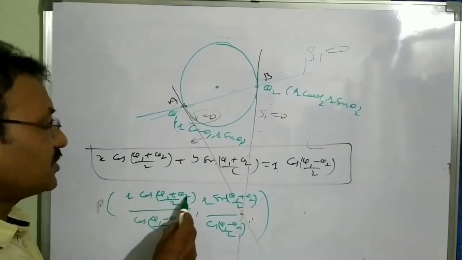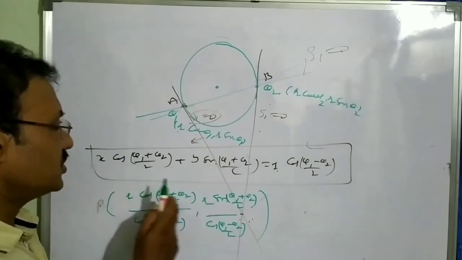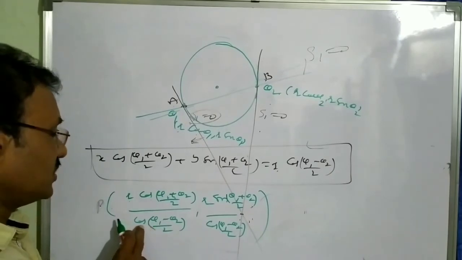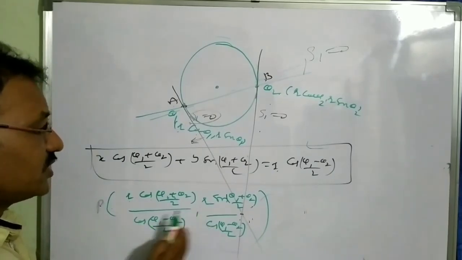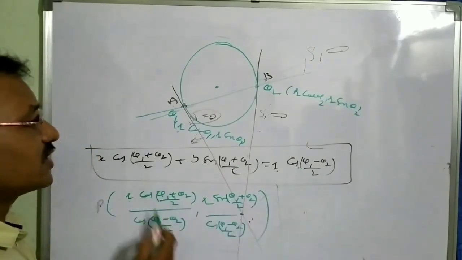R cos((theta 1 plus theta 2)/2), r sin((theta 1 plus theta 2)/2): both the coordinates contain r, and the denominator cos((theta 1 minus theta 2)/2) is the same. Simply you can remember it by taking this term to the RHS.